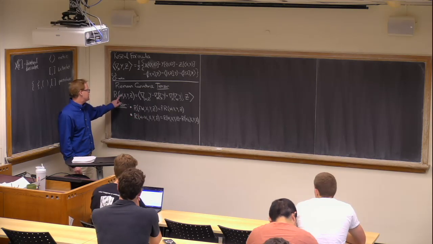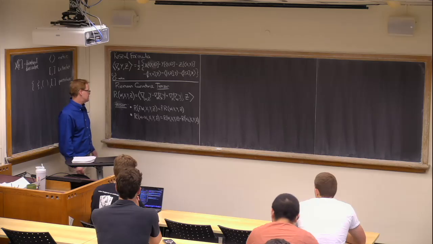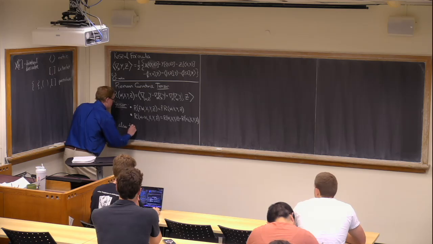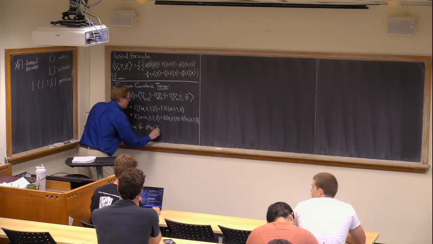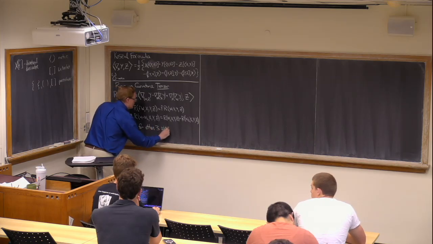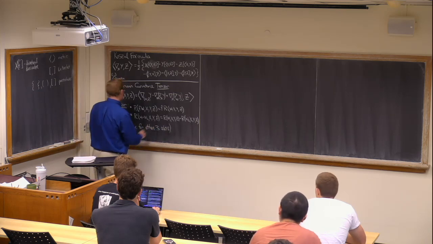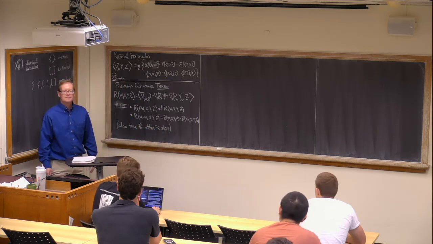And it's not only that it has to be linear in the first slot, it has to be linear in all 4 slots, and that's what it means to be a tensor.